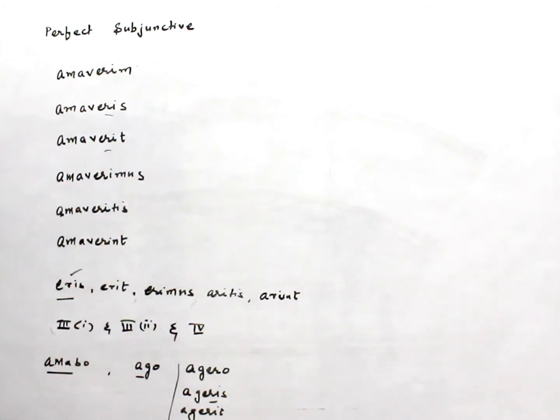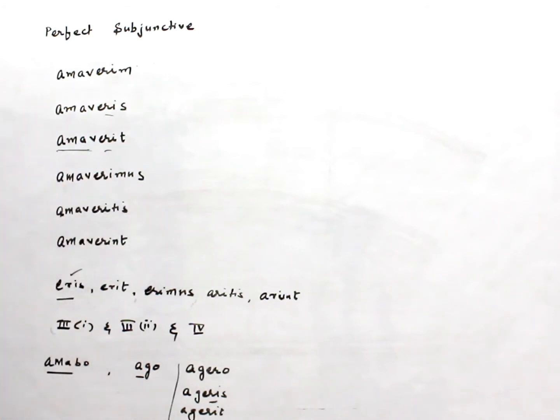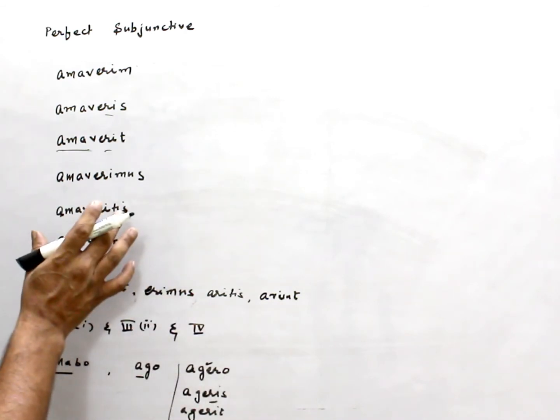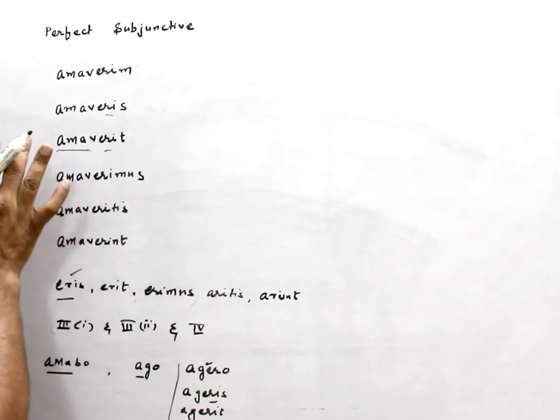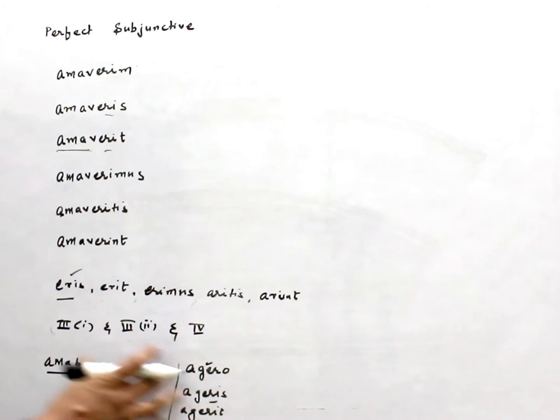But the thing which we should know is that here the stem is perfect, and there it is the present stem. So this is the difference. We have to be careful that sometimes it looks like the future except the first one, but the difference is that the stem is perfect. So be careful.